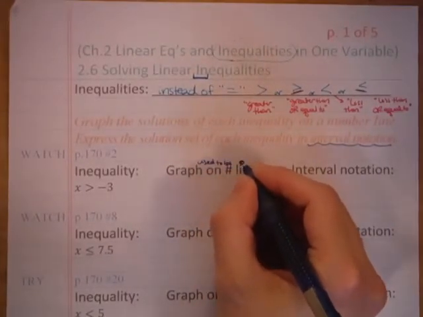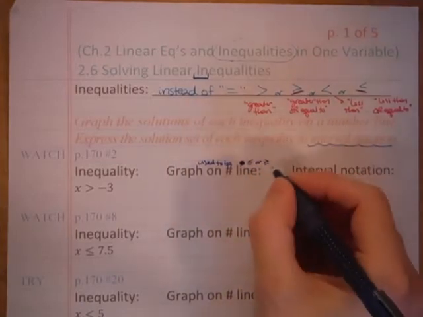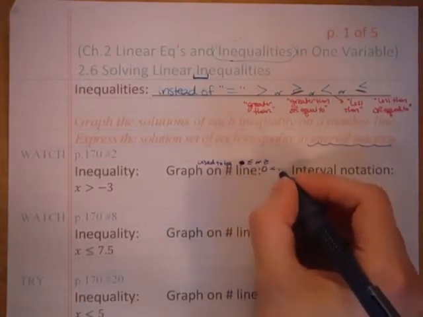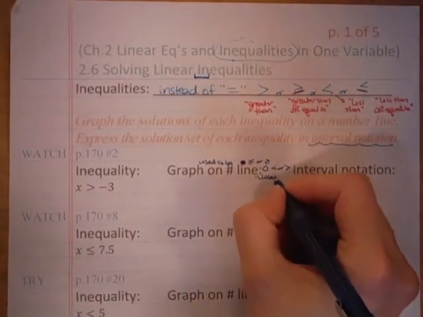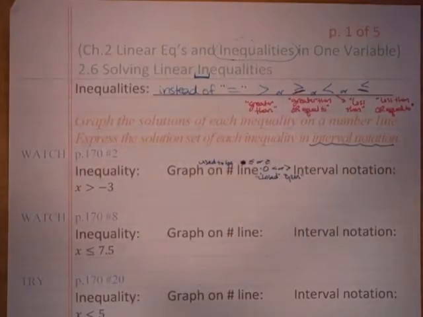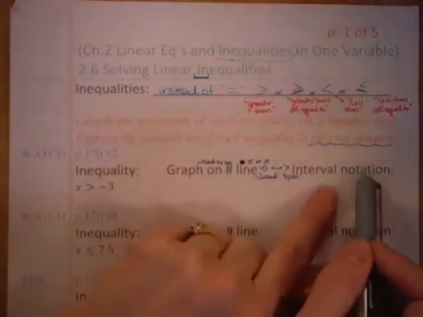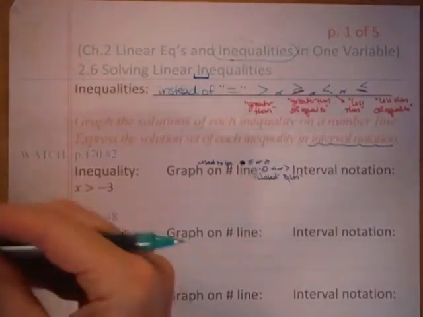So it used to be that a closed dot would be used for less than or equal to or greater than or equal to, and an open dot for less than or greater than. And they would call those closed or open. We still call them closed or open, but we use symbols that will help us then be ready to do interval notation. So let's look at some examples so we can make that very clear.